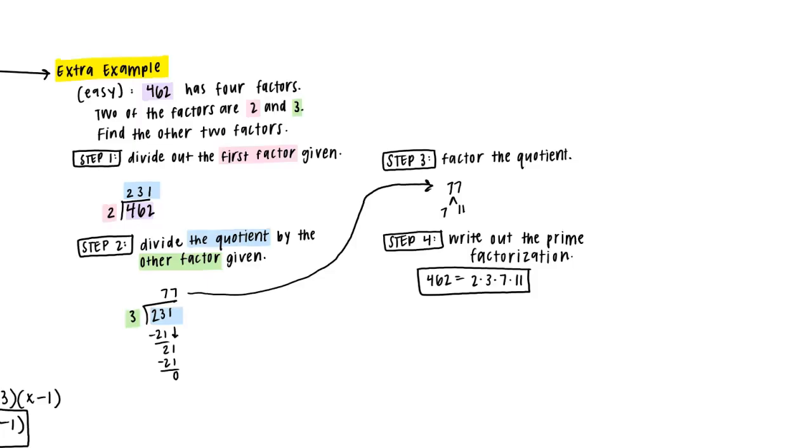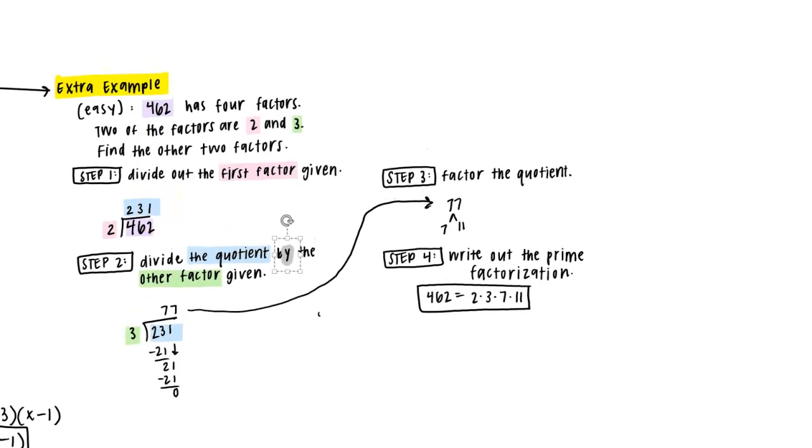So 462 divided by 2, you get 231. Now, this is the most common mistake. That's why I wanted to show you with a number rather than a polynomial. People think that they should go back to the original 462 and divide it by 3 now. However, you want to keep going with this quotient that you just got.